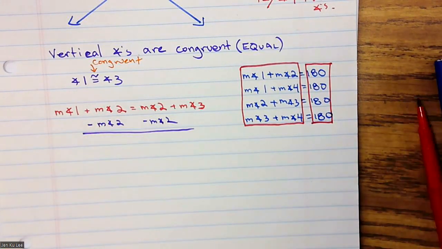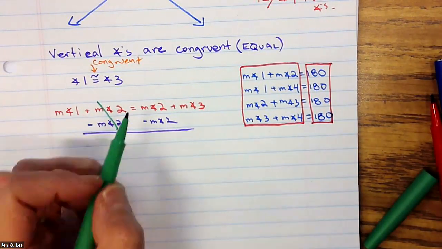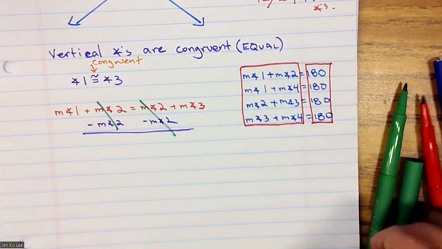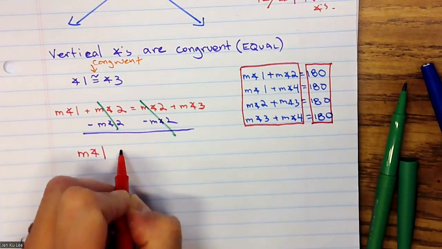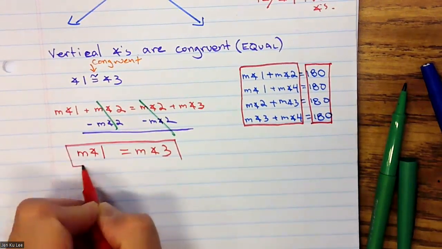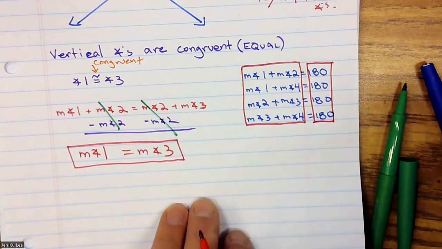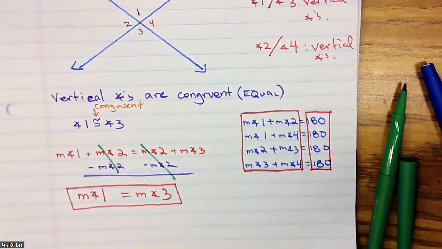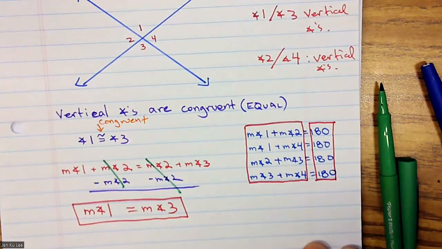These two cancel out, and these two cancel out, leaving me with the measure of angle 1 equals the measure of angle 3. That makes sense? Yeah? And this is the type of informal proof that we need.